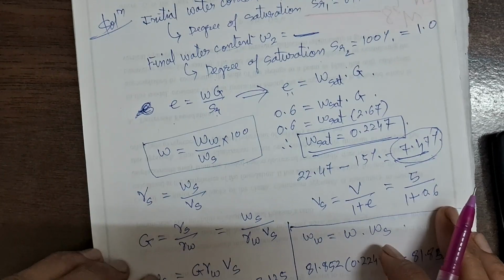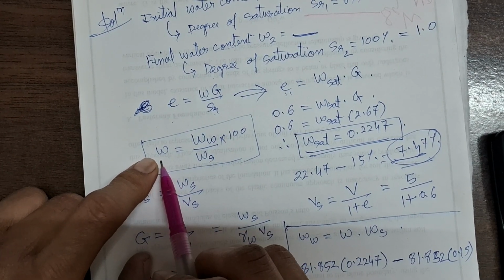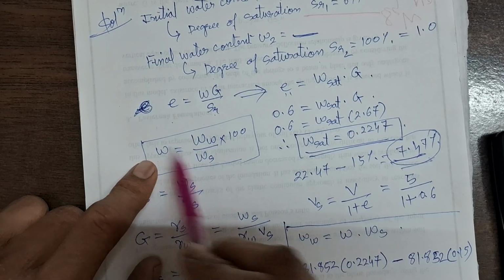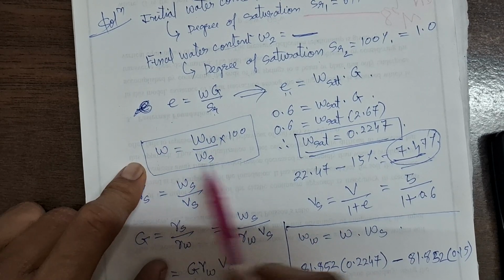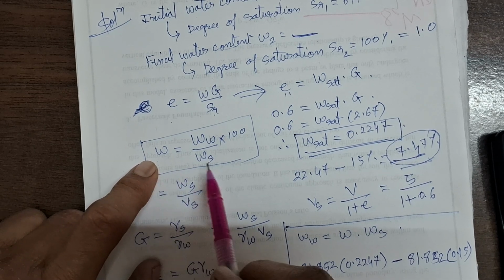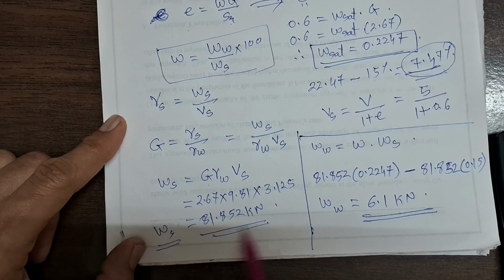Ultimately I have used this formula: water content is weight of water upon weight of solid. Just cross multiply. Weight of water in the first case will be weight of solid into moisture content. The weight of solid is constant, Ws will not change.